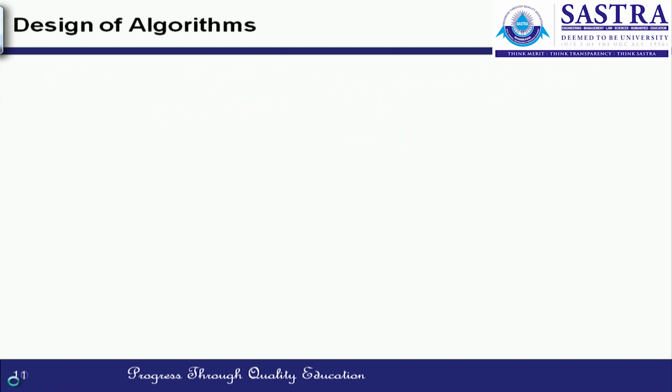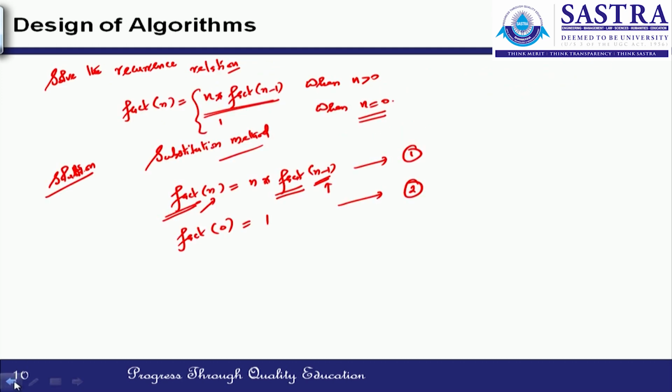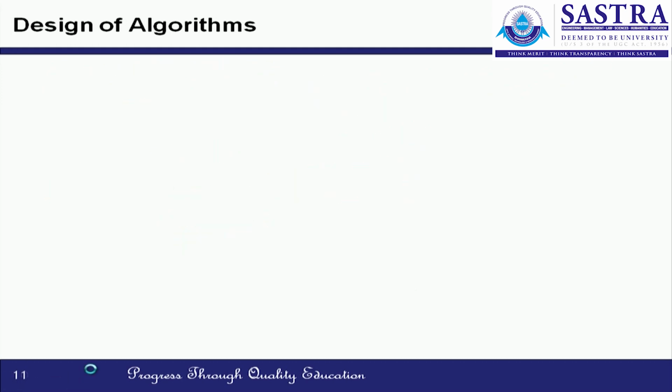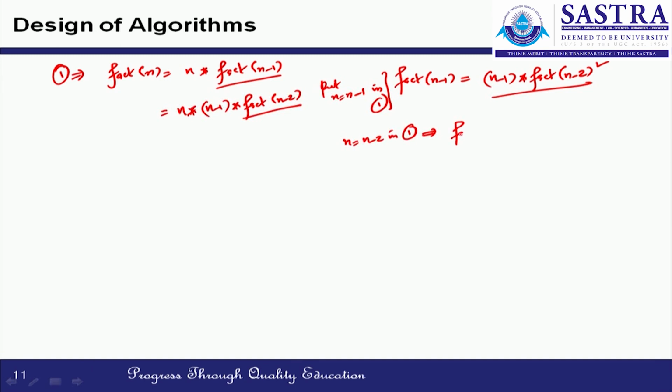Putting n is equal to n minus 2 in equation 1, we have fact of n minus 2 is equal to n minus 2 into fact of n minus 2 minus 1, that is n minus 3. Substituting the value of fact of n minus 2, here this value is substituted here.